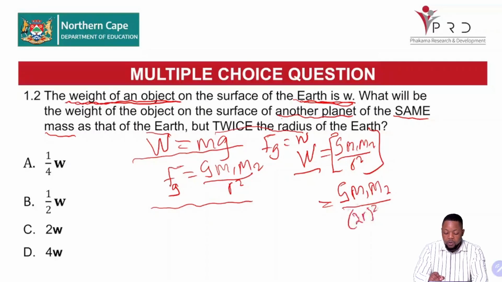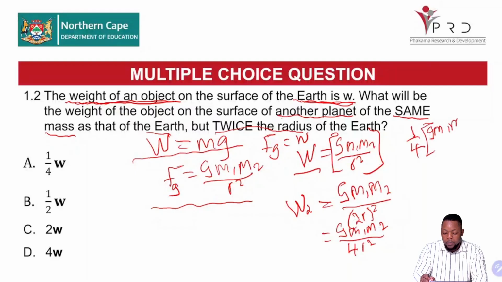So if we substitute there, remember this is the new weight, so weight 2. So this will be G M1 M2 over, if we work out the brackets, we are going to have 4R squared. So this 4R squared can be factorized to 1 over 4 into G M1 M2 over R squared.